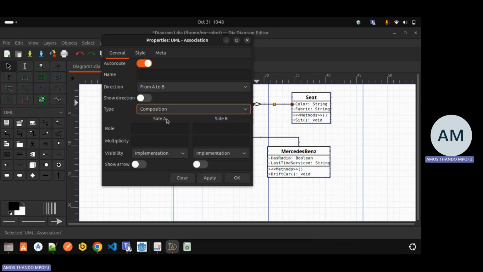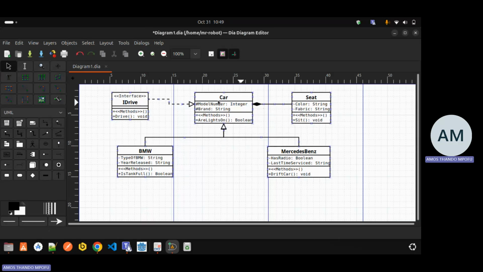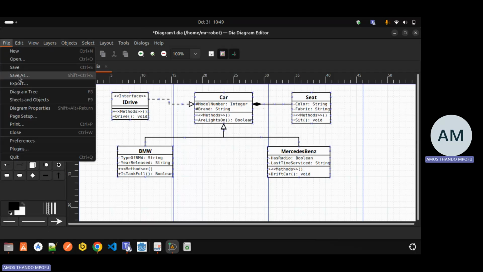So I'm going to change this to composition and then apply, and it's going to shade it in black. That's composition. If it's not shaded in, it's aggregation. You see, it's white, it's not shaded in. But when it's composition, it becomes shaded in. And then there's your UML diagram. That's all you needed to do.